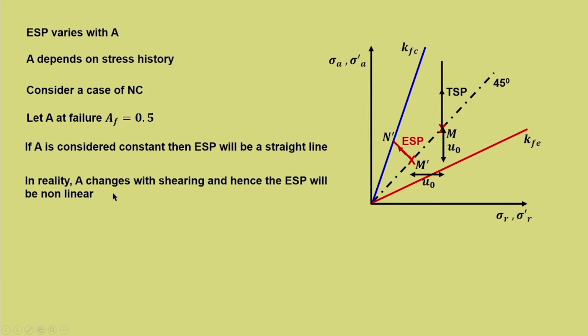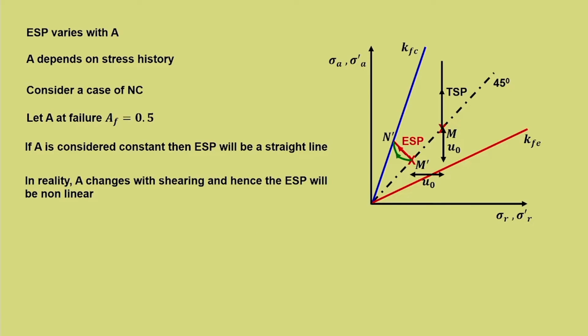And in reality, this straight line is a case when AF is equal to 0.5, that is considered to be constant, but A changes with shearing, and hence the effective stress path will be non-linear. Every time it keeps changing. So, if you consider the variation of A with respect to shearing, then it will be a non-linear effective stress path.